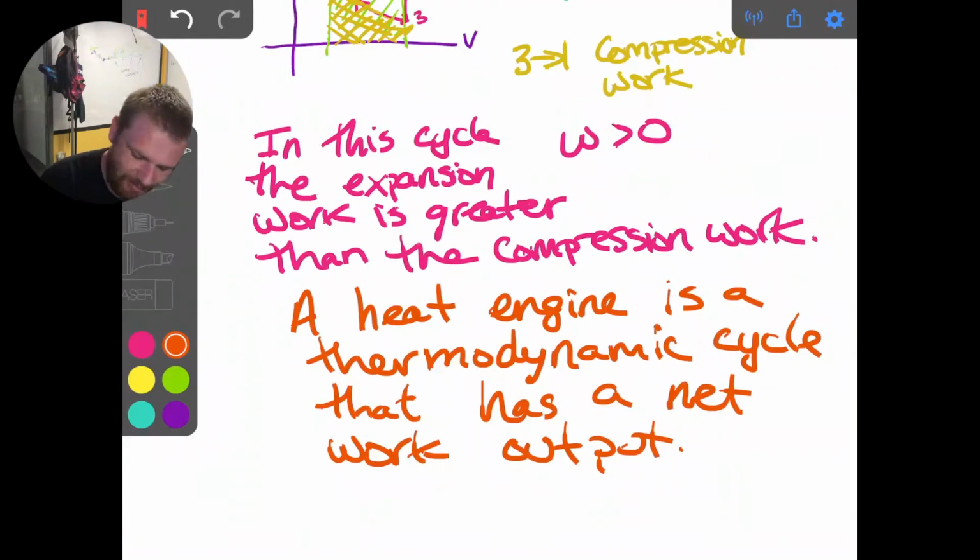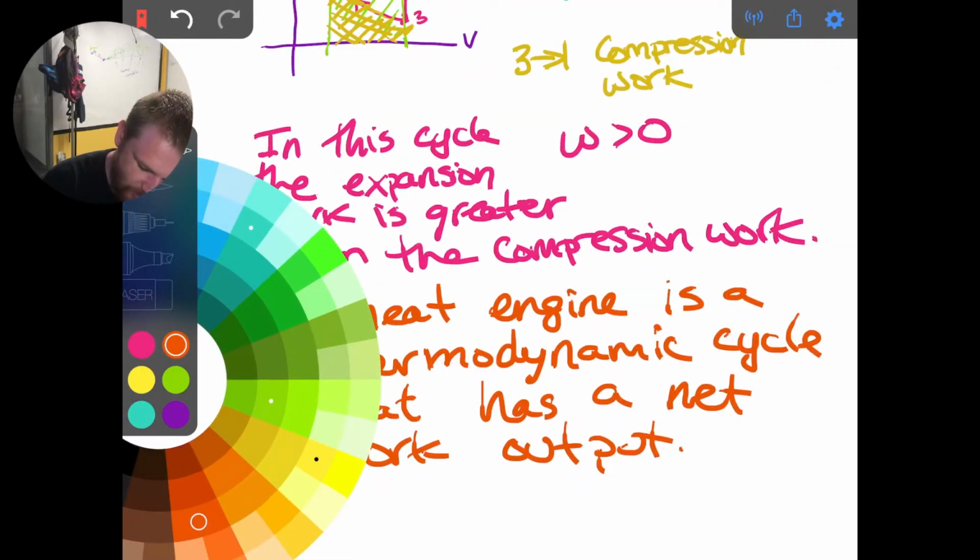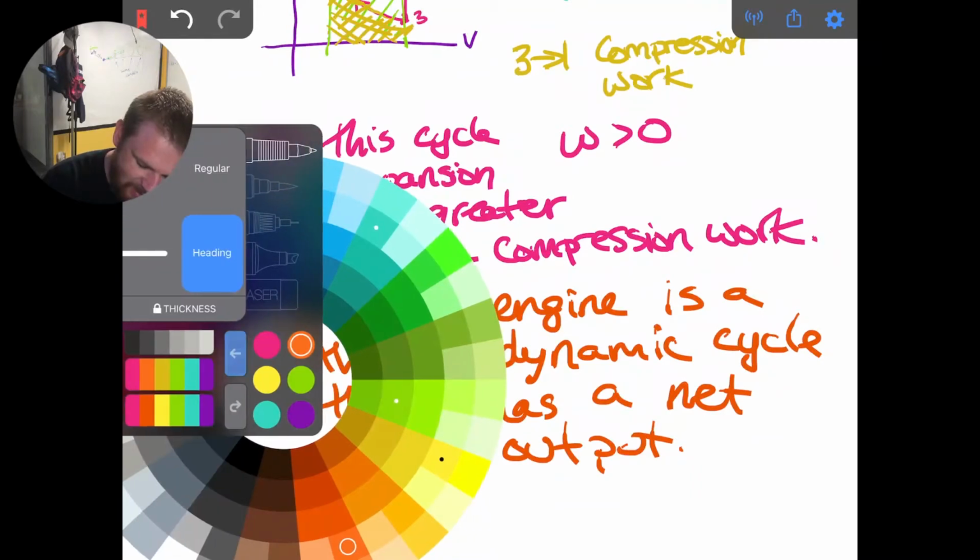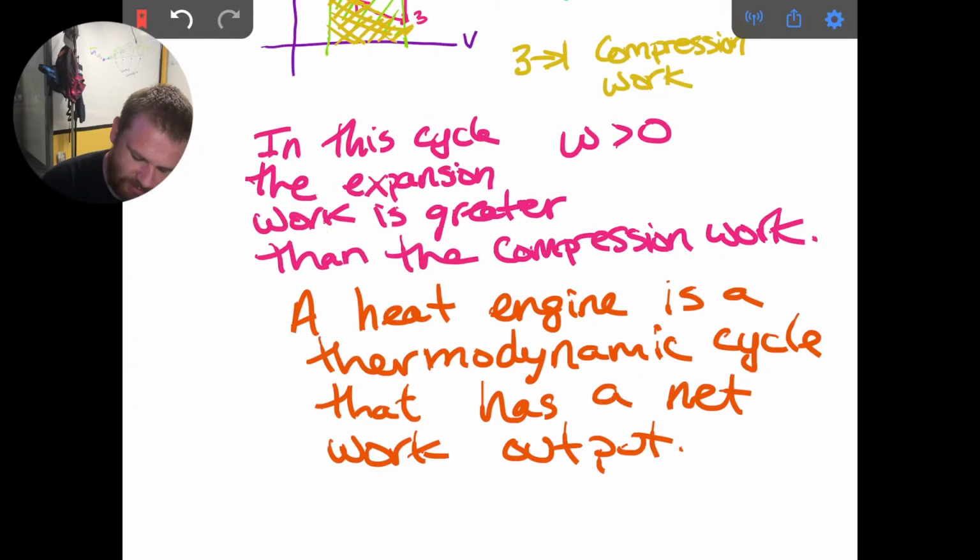So a heat engine is a thermodynamic cycle that has a net work output, meaning over the course of the process, the expansion work is greater than the compression work.